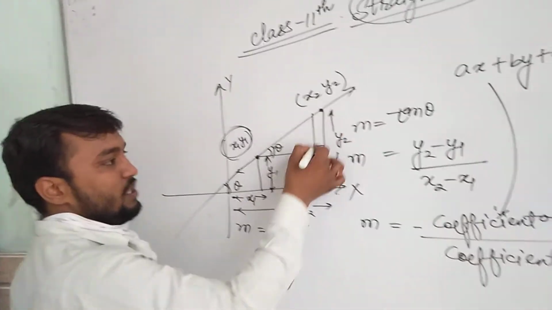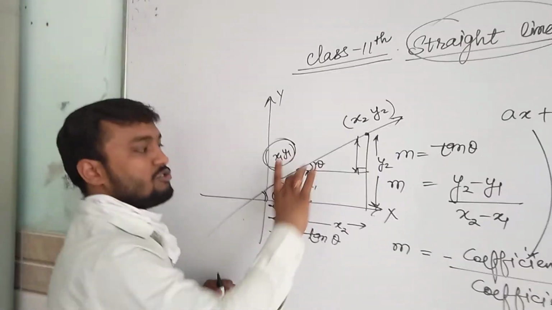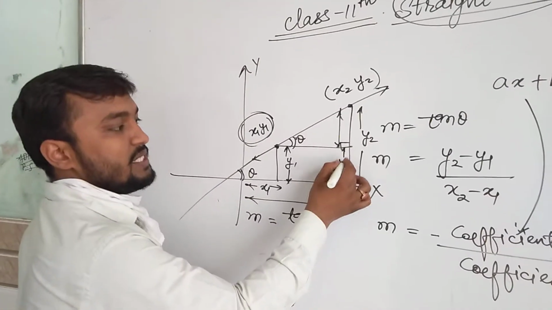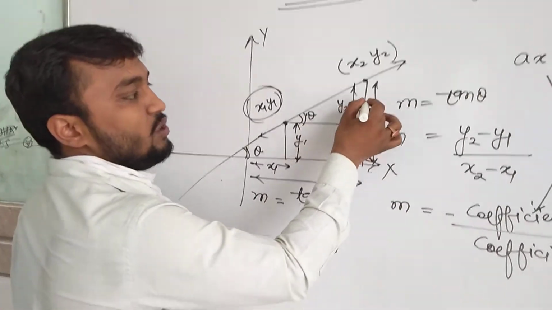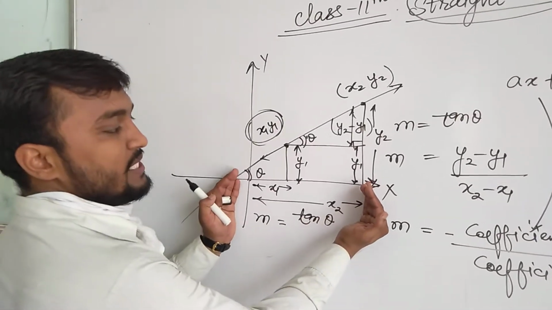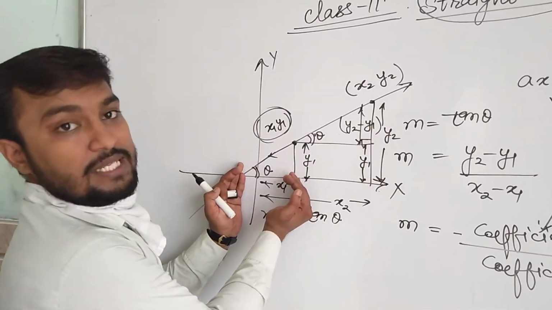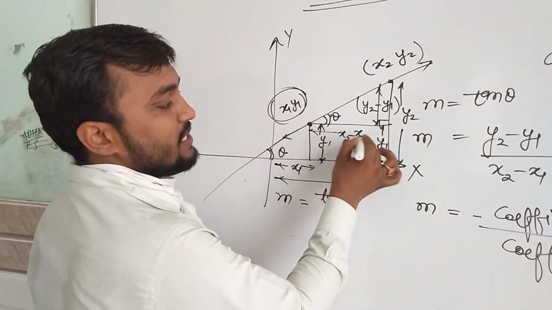Now, what is this distance? Actually, this distance is y2 and this distance is y1. Then this distance will also be y1 and this distance will be y2 minus y1. Now this distance is x2, this distance is x1, so this distance will be x2 minus x1.